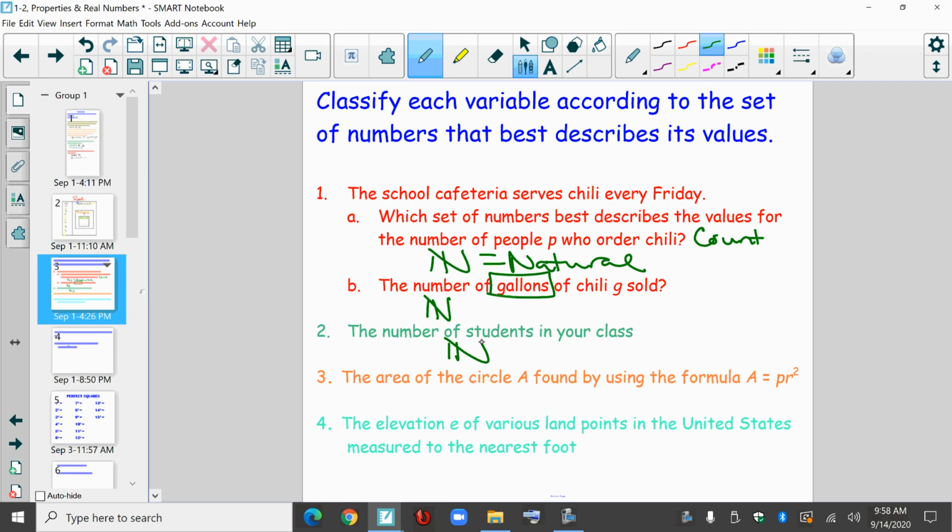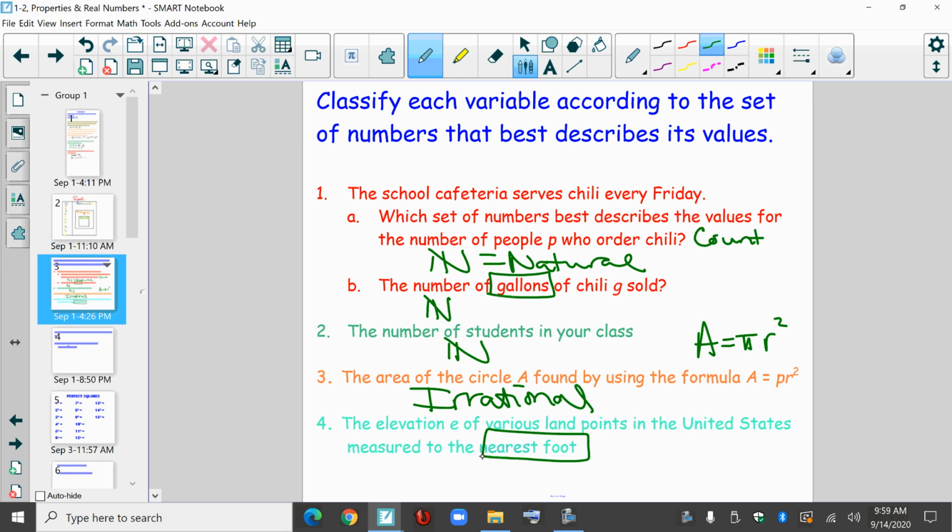The area of the circle, by using the formula, A is equal to pi r squared. A equals pi r squared. Pi indicates it's an irrational number, so that's what you would state is irrational. And then the elevation E of various land points in the United States measured to the nearest foot. 1 foot, 2 foot, 3 foot, 4 foot, 5 foot, okay?